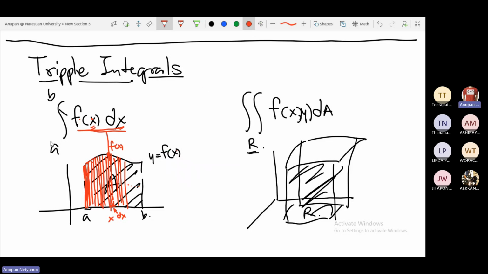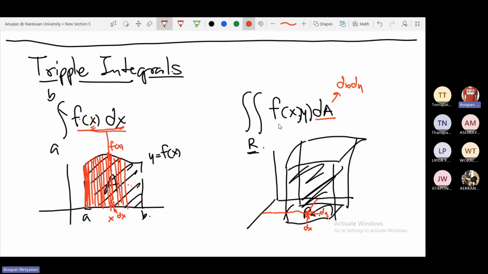Now, in the same way, if you remember for this double integral, dA, I start with dx dy, for example. So at any particular x and y, I can form a rectangle which has this side to be dx, this to be dy, right?